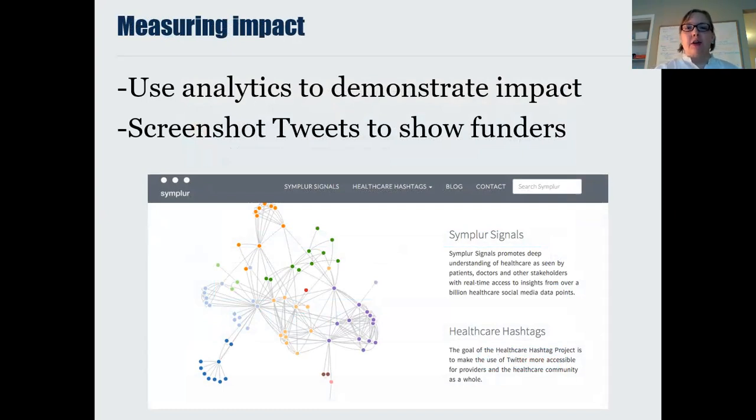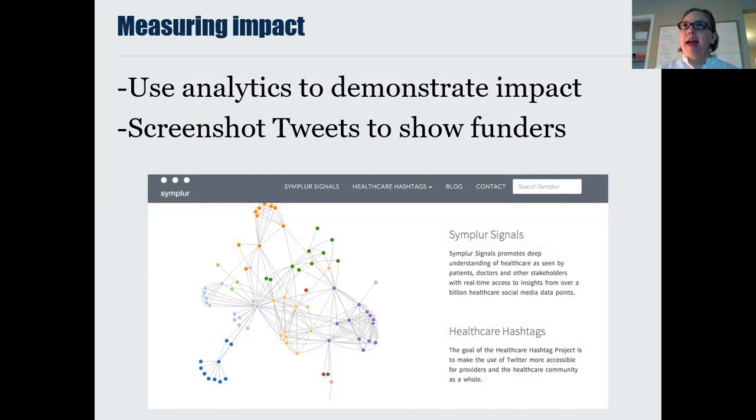It's also a good practice, if you have a hashtag, to use a community called Symplur. You'll see here, SYMPLUR. And they offer a lot of things that you can pay for, but one of the free things that they make available is a healthcare hashtag repository. So if you register your hashtag with them and say, this is the hashtag and this is what it's about, they will automatically generate some data for you about how many times that hashtag has been seen, how many people it has reached, how many people have clicked on the links.